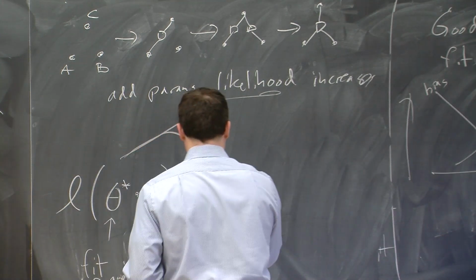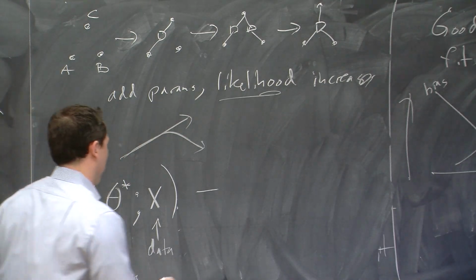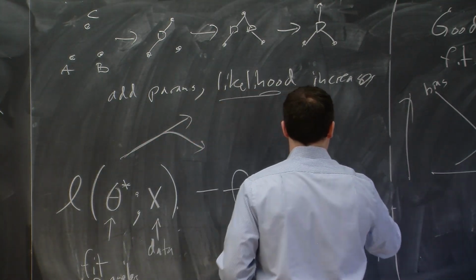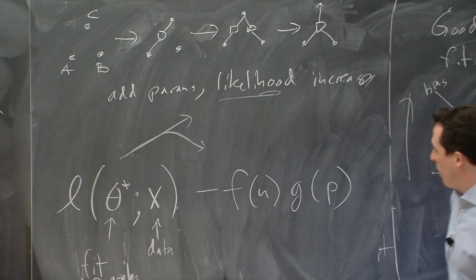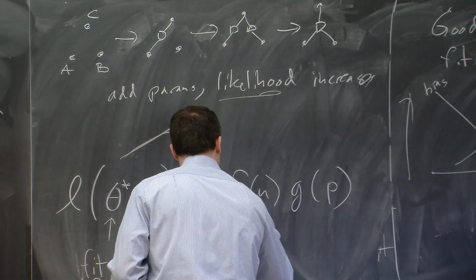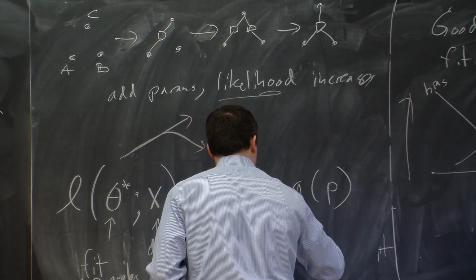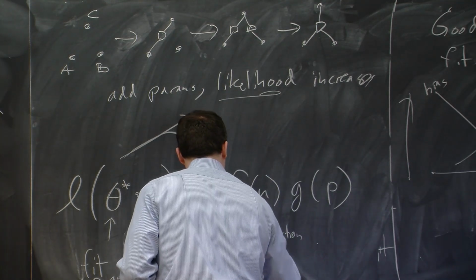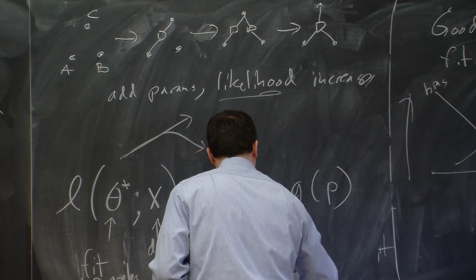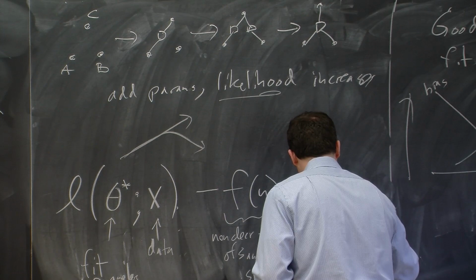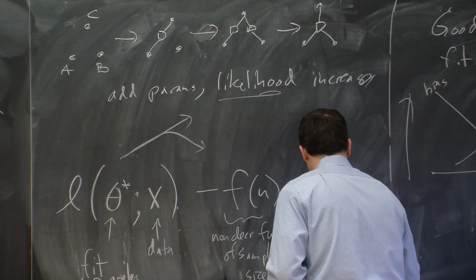And then we add to that, or subtract from that, an additional term, f of n g of p, where f is a non-decreasing function of sample size, and g is a non-decreasing function of the number of parameters.